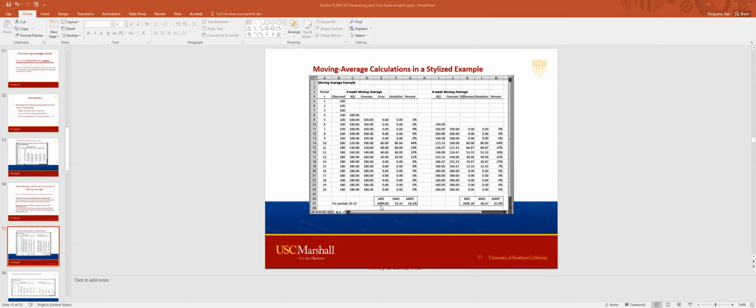So what you do is this 2000 will be obtained by the formula equal to average of E14 squared to E19 squared.